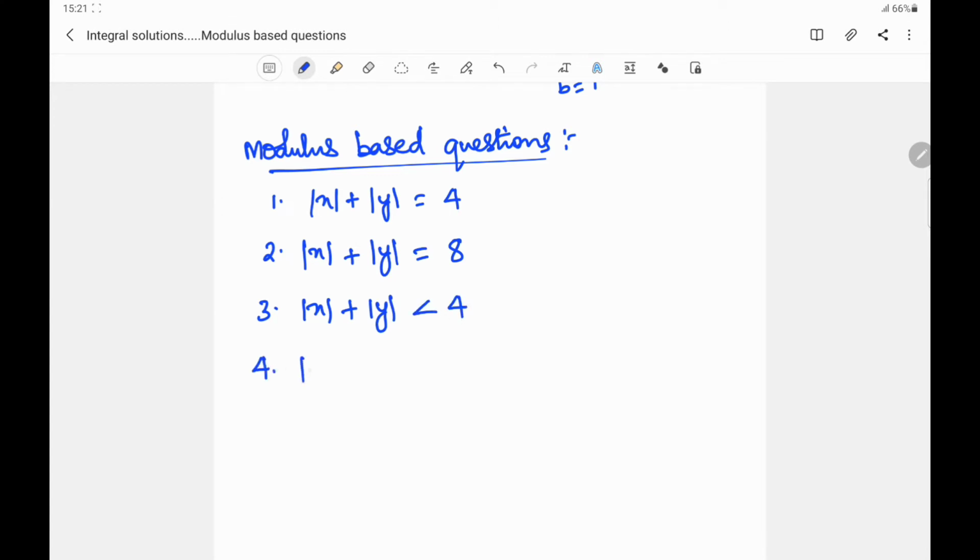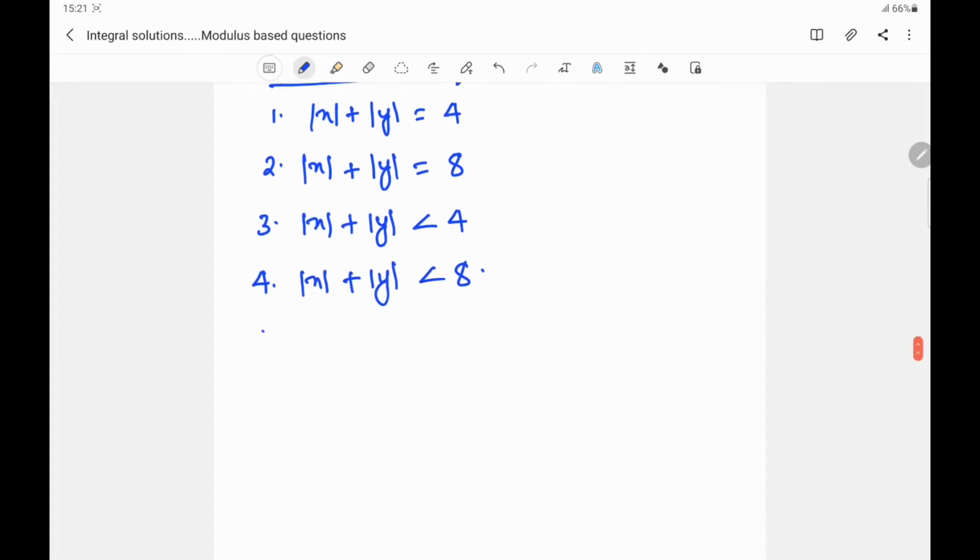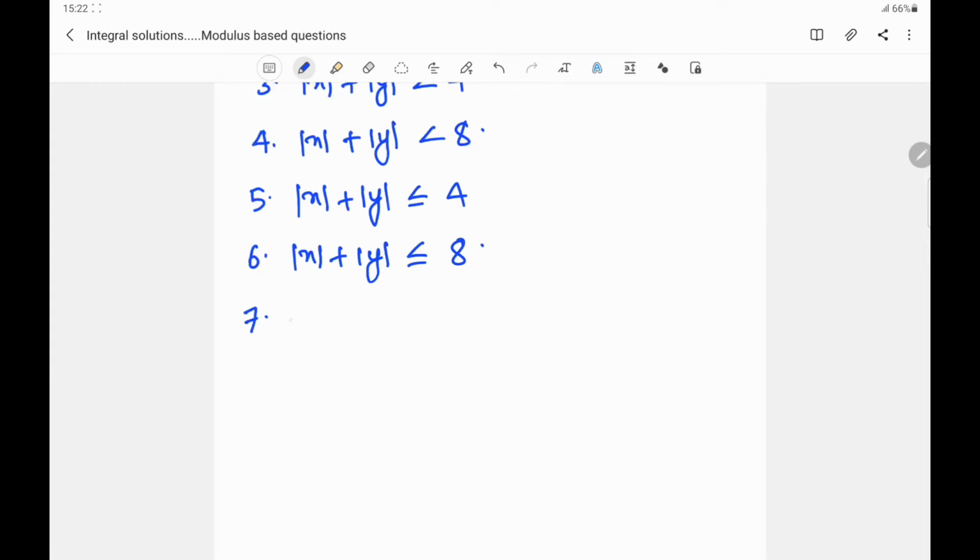Fourth type is mod x plus mod y less than 8. Fifth type is mod x plus mod y less than or equal to 4. Sixth is mod x plus mod y less than or equal to 8. Seventh type of question will be mod x plus mod y plus mod z is equal to 9.